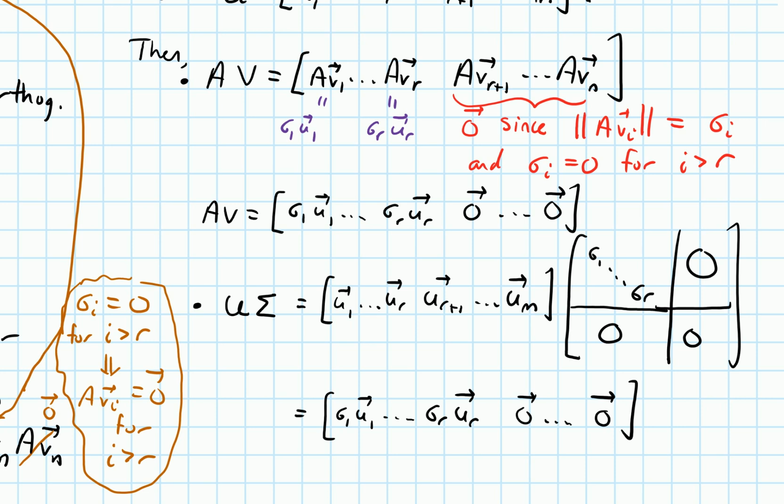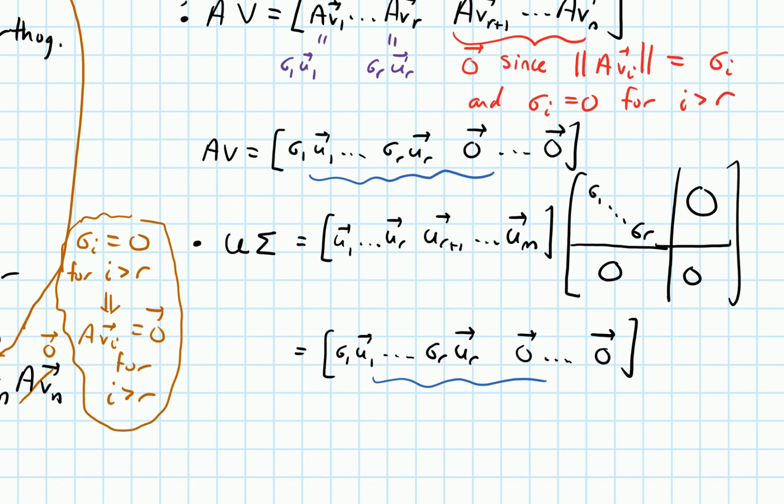But notice that AV and U sigma are exactly the same. So at this point, we know that AV equals U sigma. If you multiply both sides by V transpose on the right, we'll get what we wanted. You'll get A equals U sigma times V transpose.